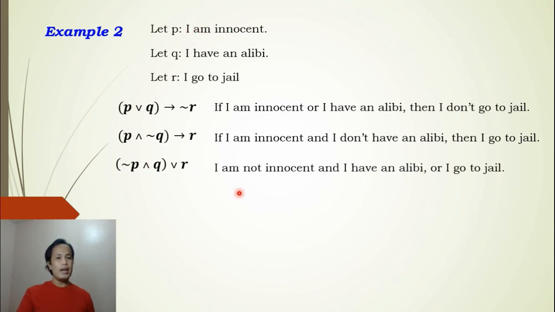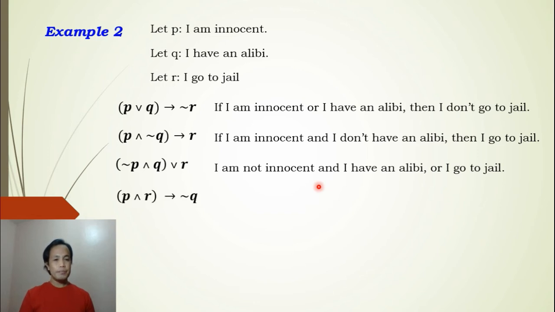So we have here the P, I am not innocent. And we have here the symbol "and," I have an alibi, because this is Q. Our Q is I have an alibi. And comma, or I go to jail. So the complete translation would be: I am not innocent and I have an alibi, or I go to jail.